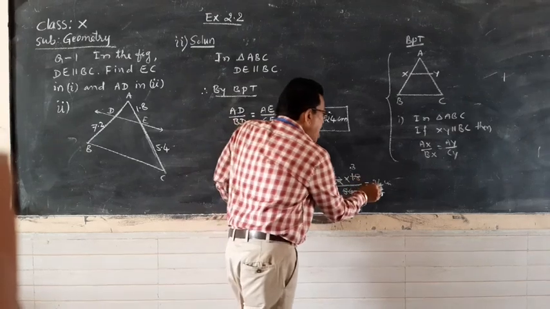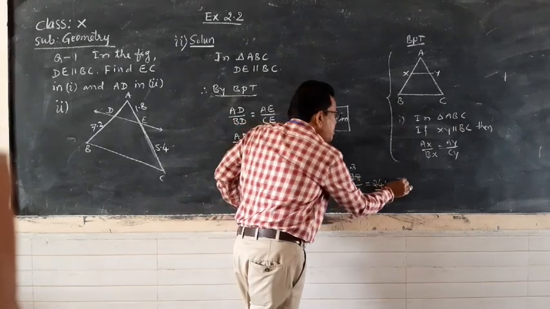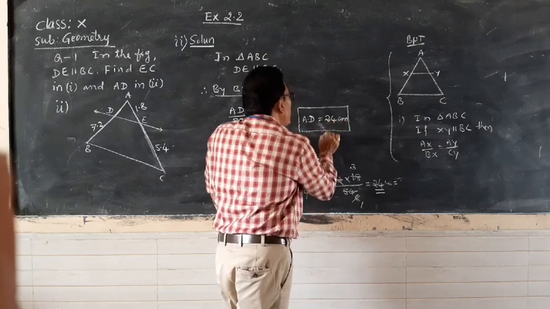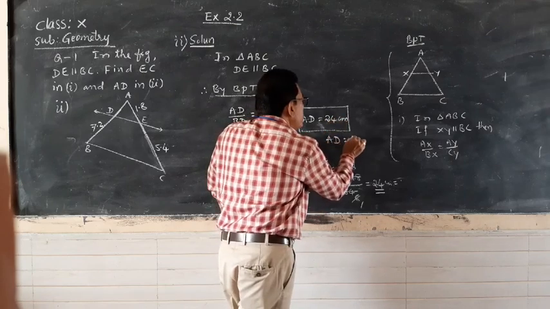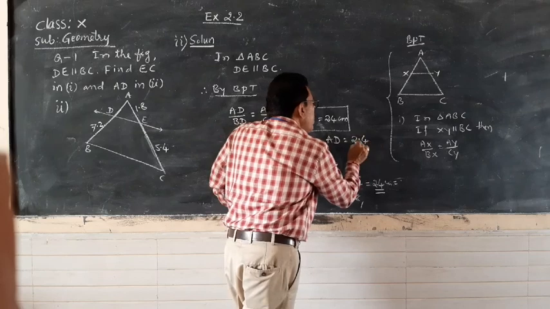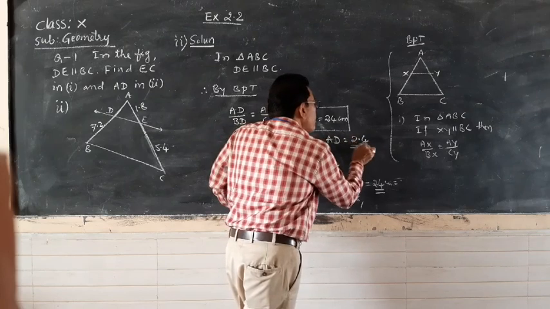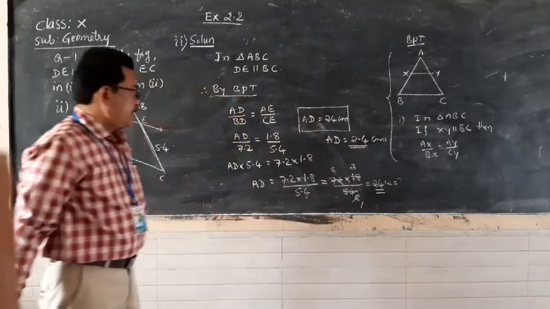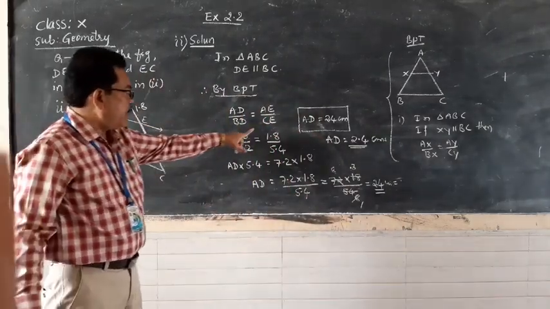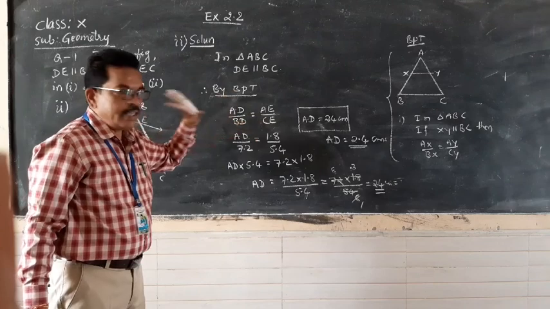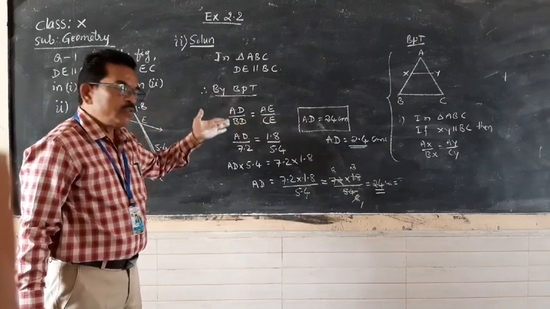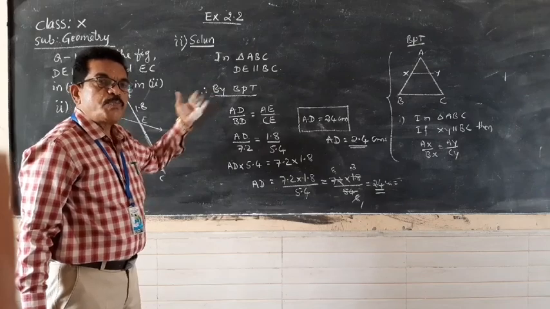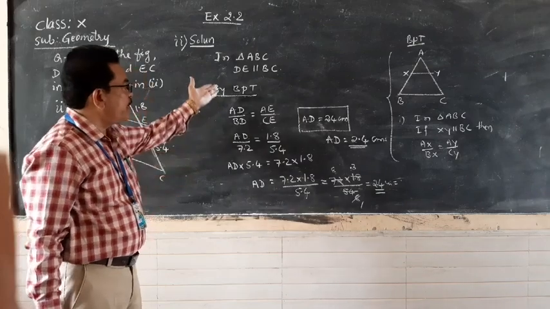So we have 2.4, that is AD equals 2.4 centimeters. Okay, AD by BD, AE by EC. You can also use that corollary of the basic proportionality theorem. This one is a very easy method.